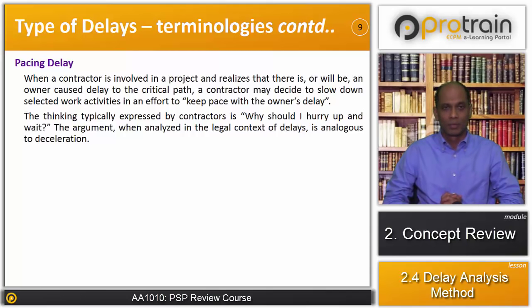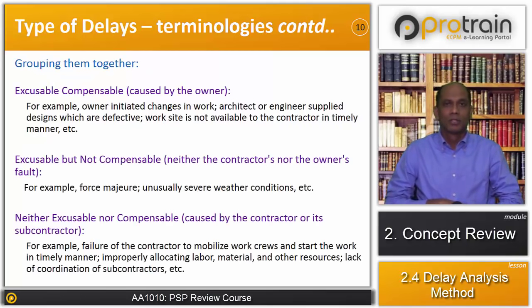So we discussed all the delay types, and then there can be grouping of the delay types also based on cost compensability. The first type is excusable compensable delay. These are delays caused by the owner.